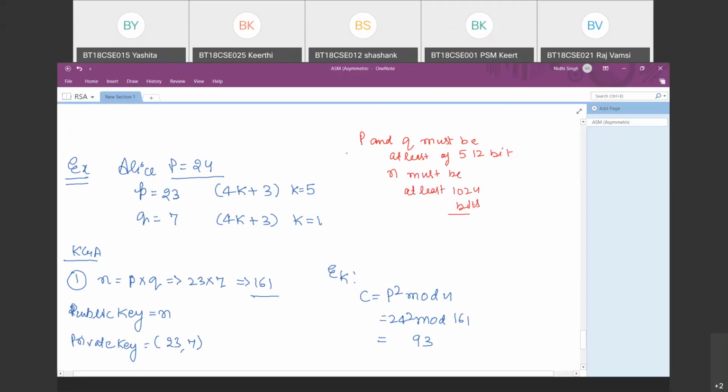For the understanding point of view, I am taking this small example with small prime numbers like 23 and 7.